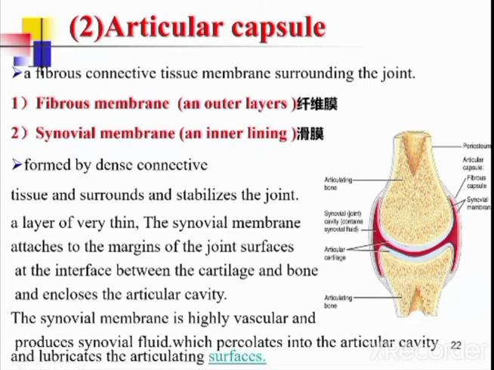So a second characteristic feature of synovial joints is the presence of a joint capsule consisting of an inner synovial membrane and an outer fibrous membrane.